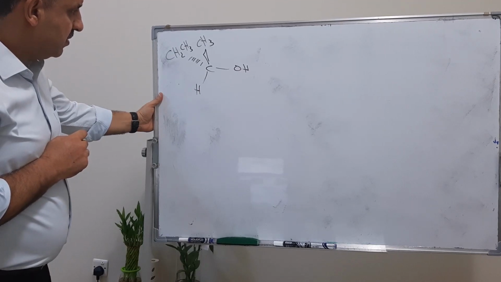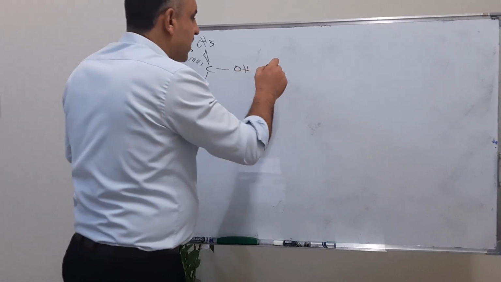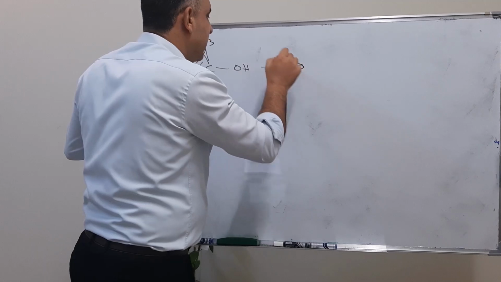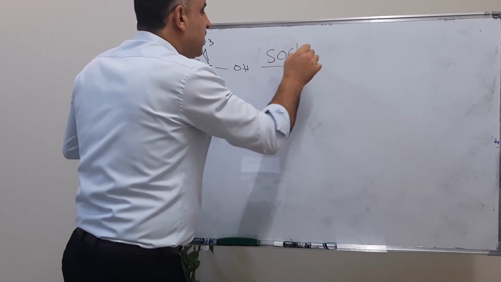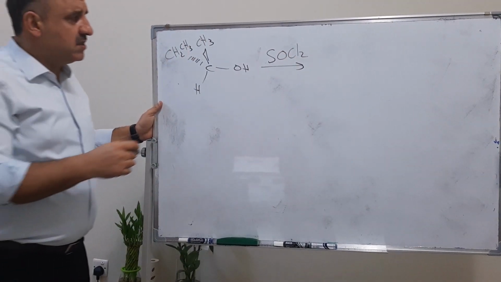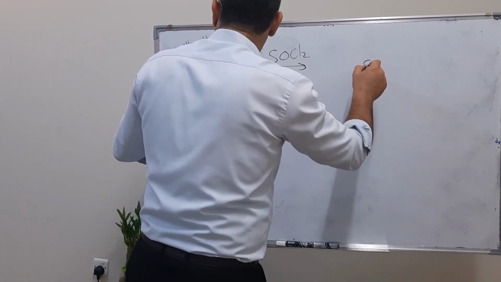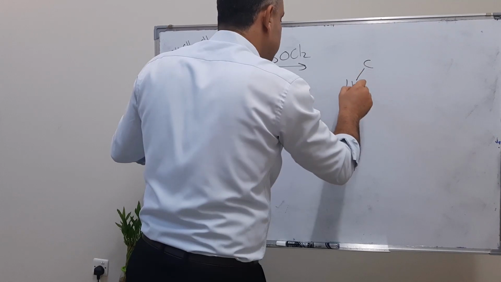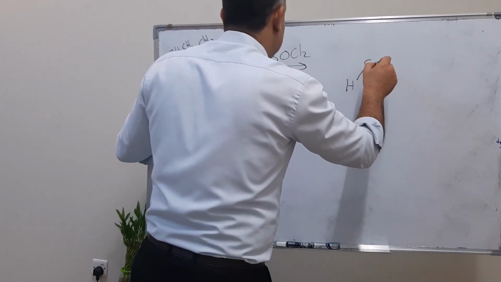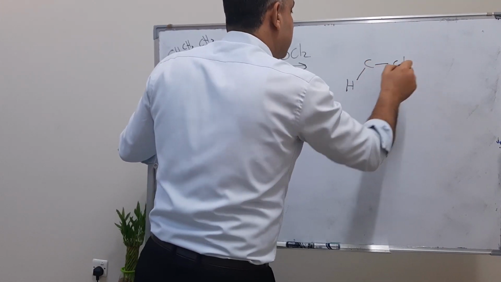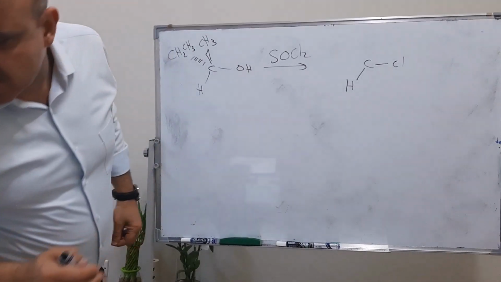This will be secondary. Then we allow this to react with thionyl chloride. The chlorine here will come with retention of configuration. So hydrogen, and then Cl.